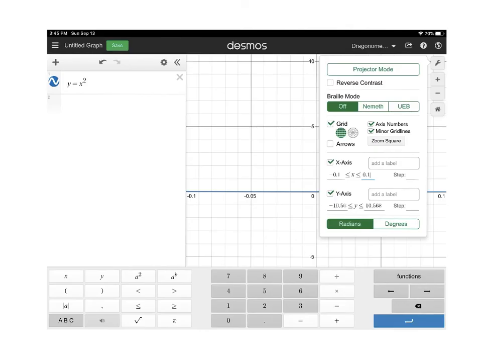We're going to basically change the range on the x-axis and the range on the y-axis. The way you adjust the axes is you access your wrench tool, which is this guy right here. When you do that, this box pops up.